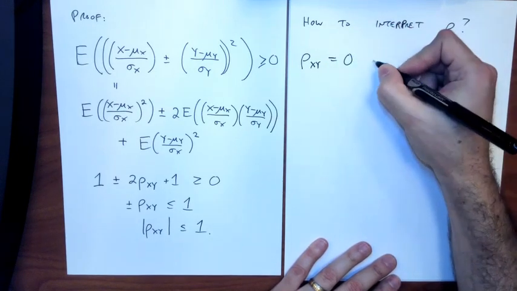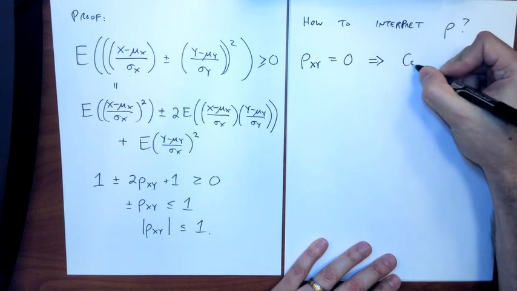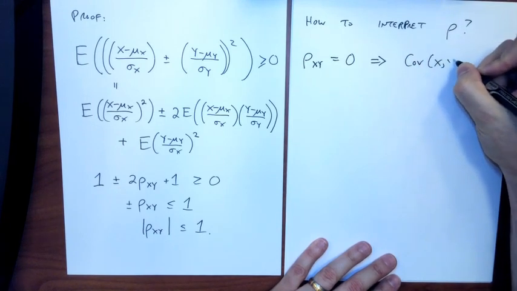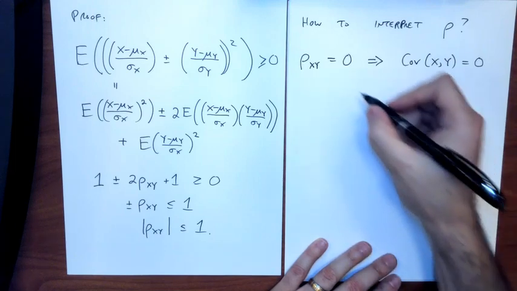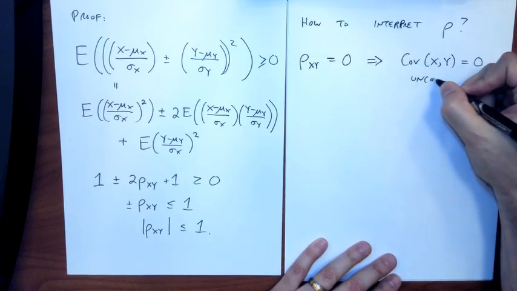if it's equal to 0, that's like saying that the covariance of the two random variables is equal to 0, right? Which means things are uncorrelated.